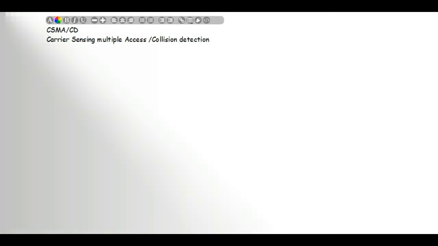So before solving this question, let me explain you something about CSMA-CD first. CSMA-CD stands for Carrier Sensing Multiple Access Collision Detection. CSMA-CD is an access control method which is usually used in LANs.